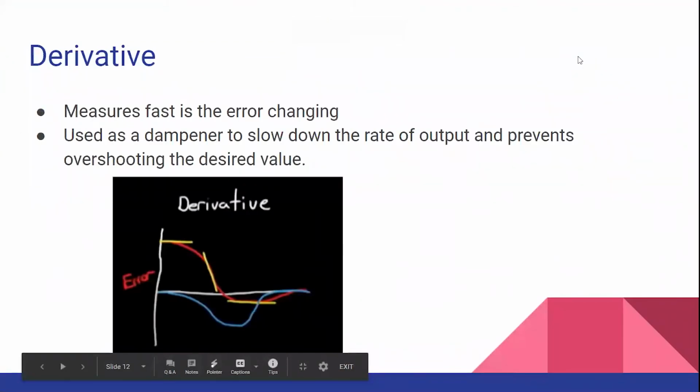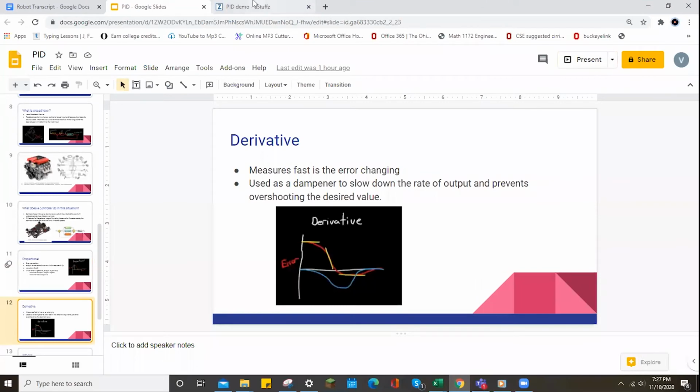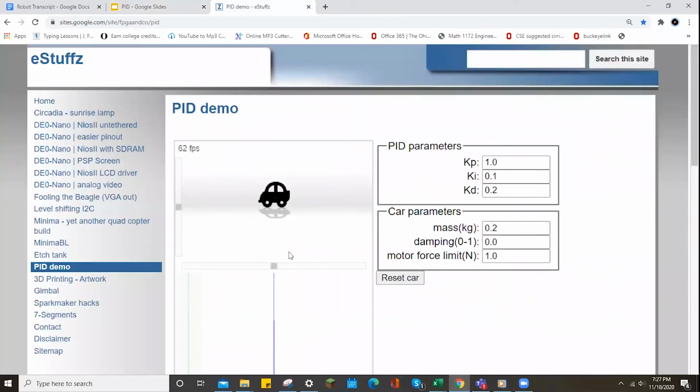Derivative. Derivative measures how fast the error is changing. It's usually used as a dampening force to slow down the rate of output and prevent overshooting the desired value. For example, as I talked about earlier, the P controller can do a lot of overshooting, and the D controller can stop that from occurring.